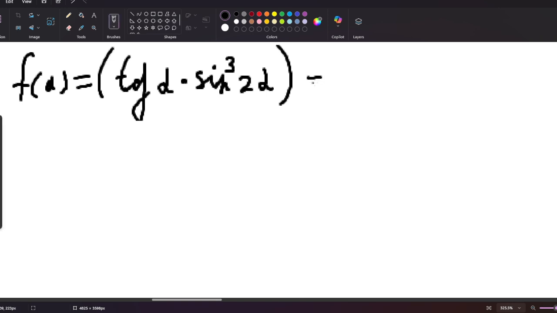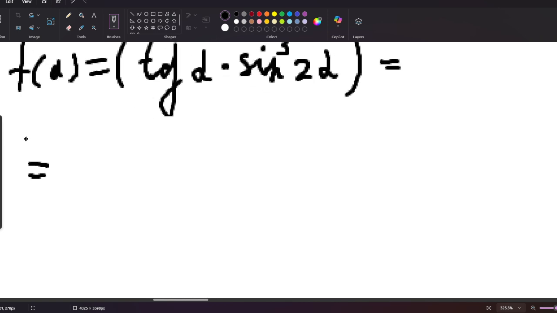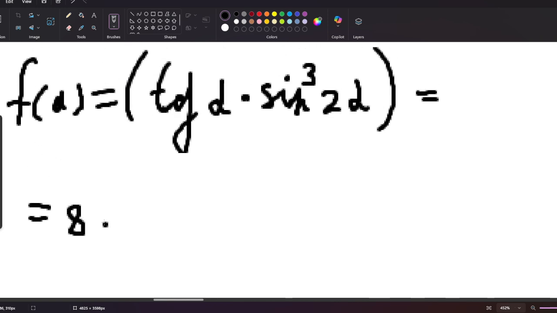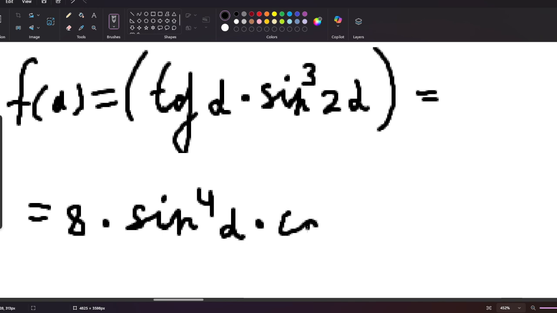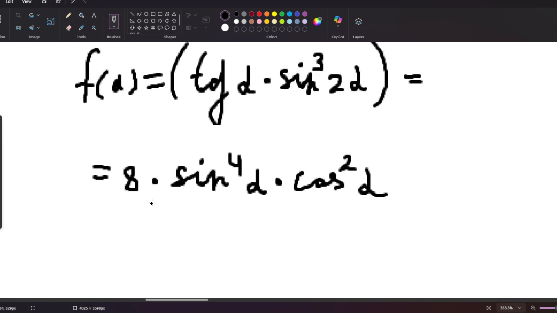That's going to be 8 times sine to the 4th power of alpha times cosine squared of alpha. Now we need to maximize this. Let's bring out the square here.